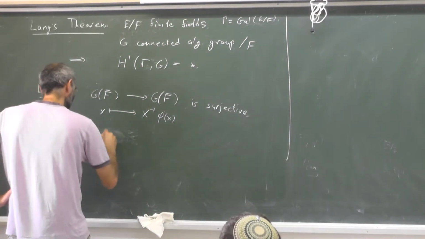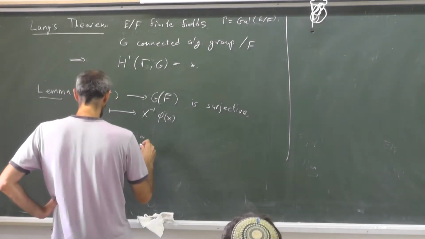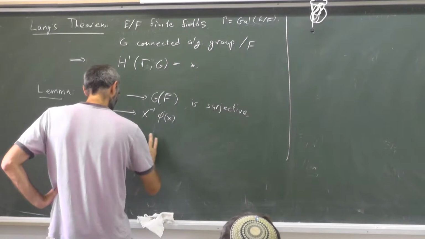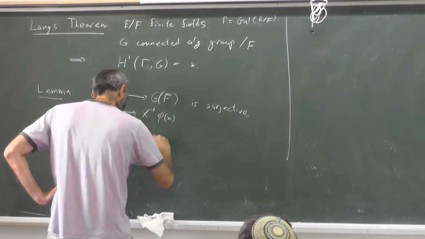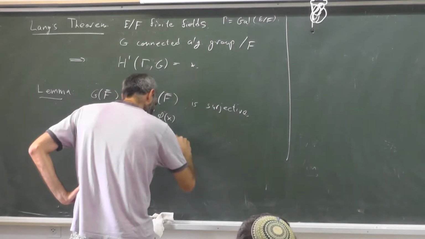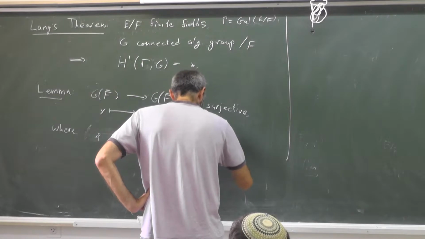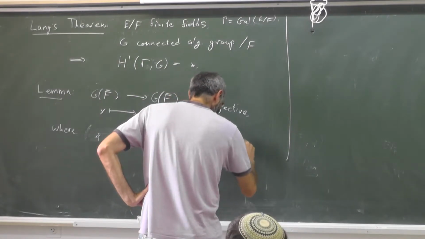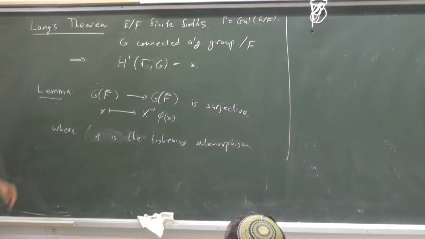Well, phi is a generator. It is the Frobenius. Actually, any of them.